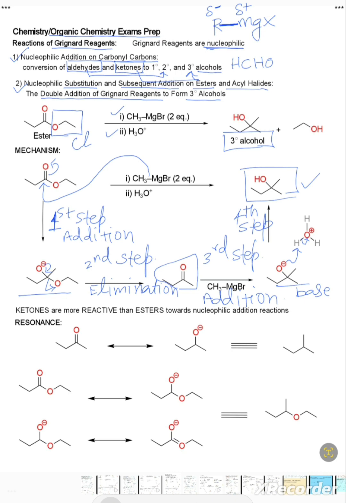Now to recap, this mechanism has four steps. The first step is the addition of the Grignard reagent to the electrophilic carbon. The second step is the elimination of the leaving group. The third step is the addition of Grignard reagent, and the fourth step is the acid-base reaction to neutralize the alkoxide ion formed as an intermediate in this reaction.